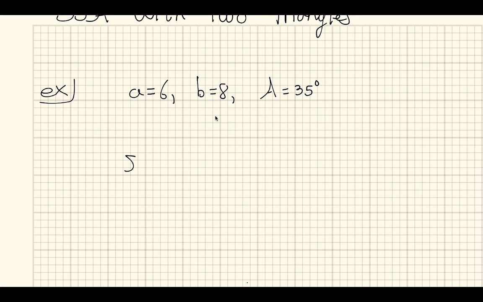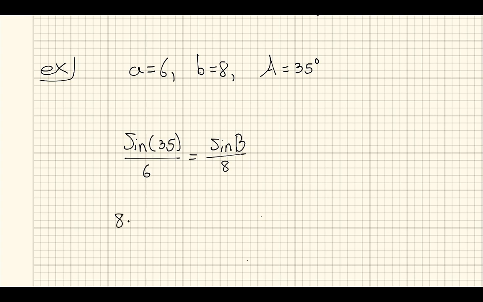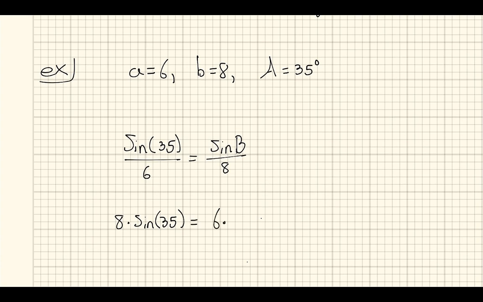Sine of 35 over 6 equals the sine of B over 8. Let's go ahead and cross multiply. 8 times the sine of 35 equals 6 times the sine of B. One more step.